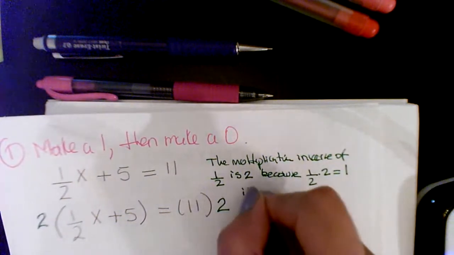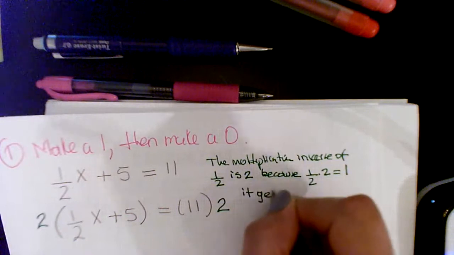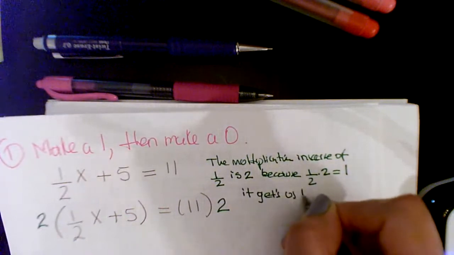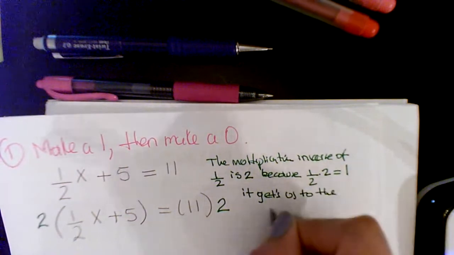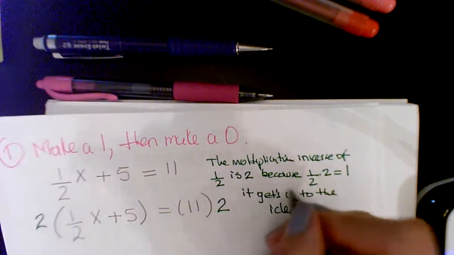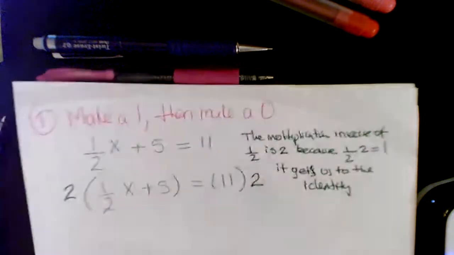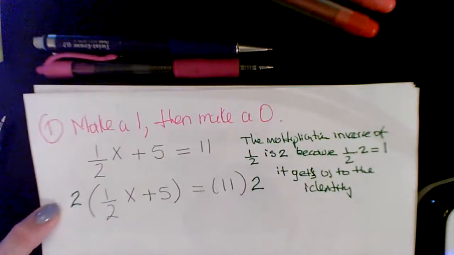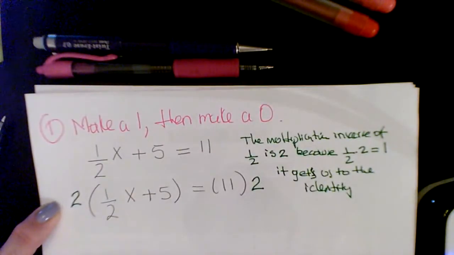And it gets us to the identity. I applied the multiplicative inverse to both sides.